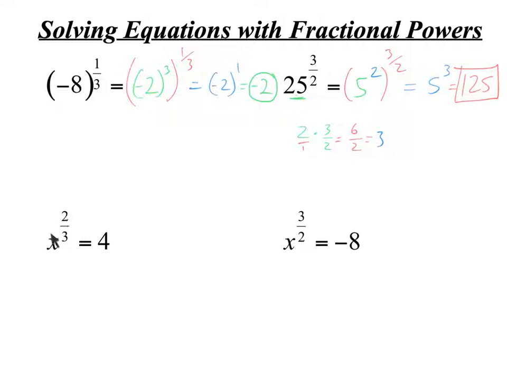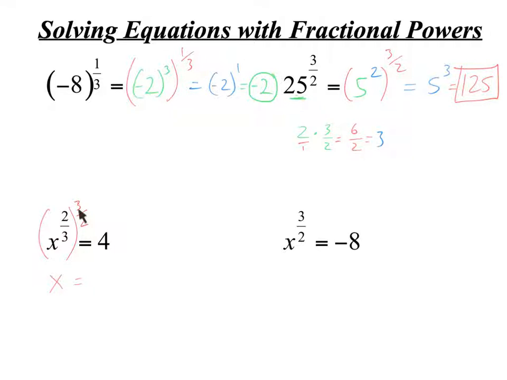So, if I want to solve this, I want to turn this x into x to the first. So what could I power this by so I get x, or x to the first? And what you would notice is, if you take a power to the reciprocal power, meaning, what's the reciprocal of 2/3? 3 over 2. Now look at that.